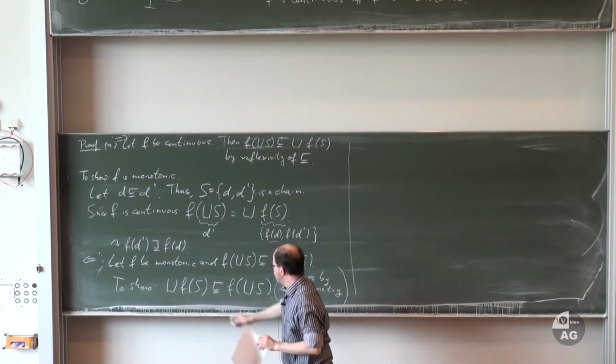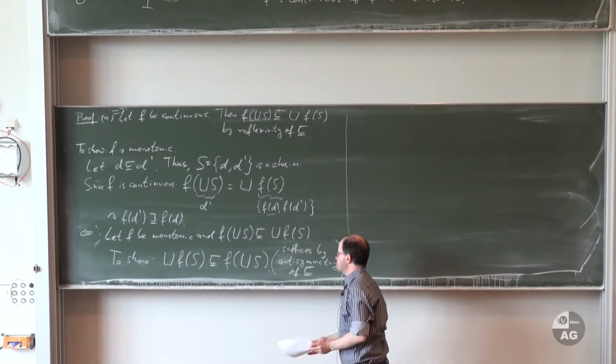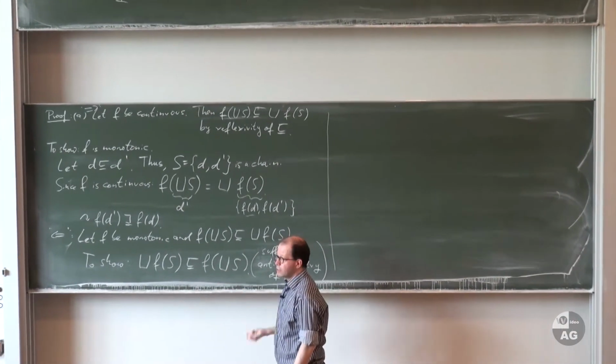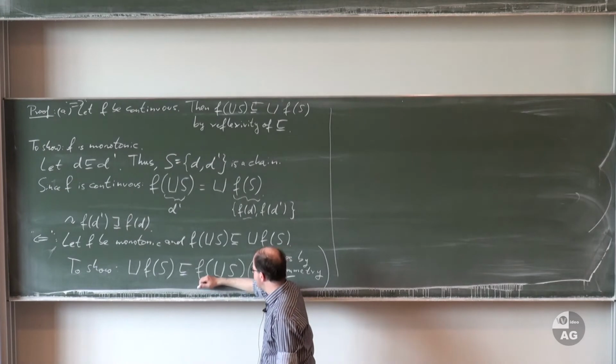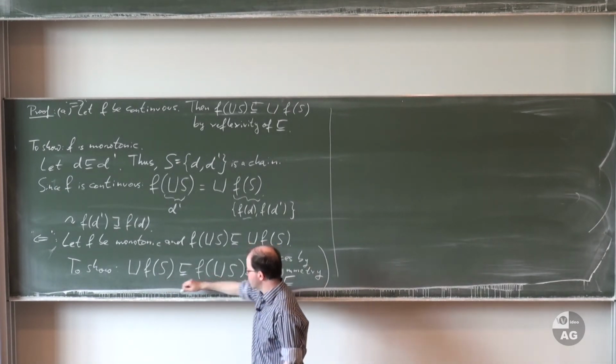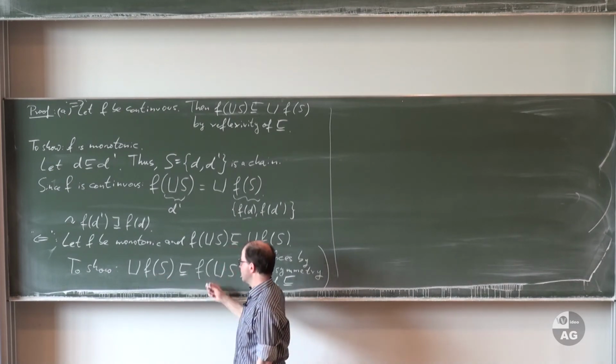Well, we have to show that the least upper bound of some chain here is smaller or equal than this. So one way of doing this is we could show that this is also an upper bound of f of S. If this were an upper bound of f of S, then the least upper bound of f of S must be smaller than this.